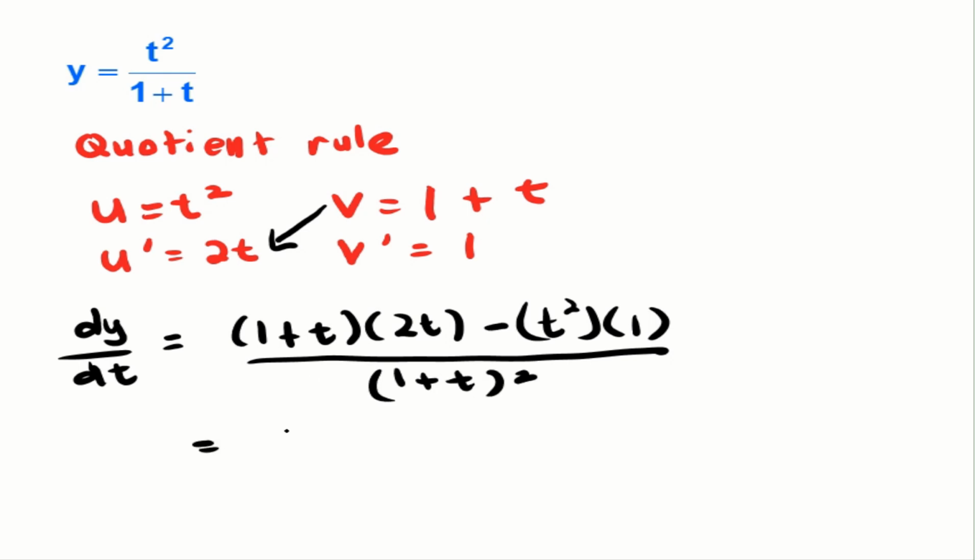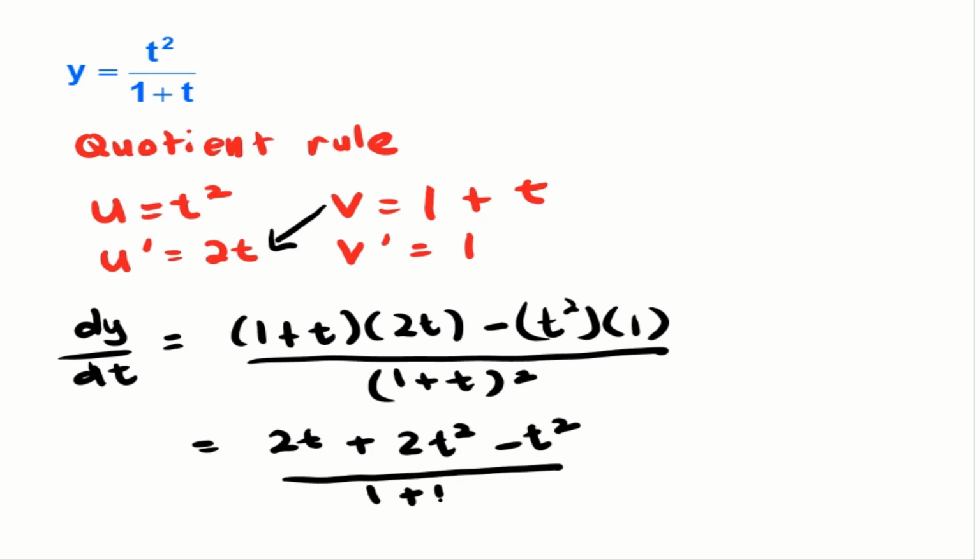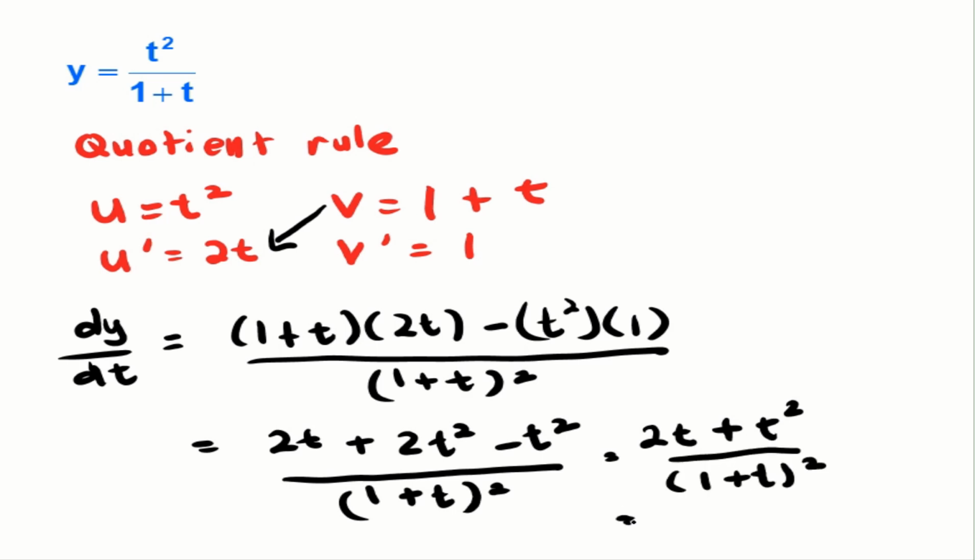Then we simplify, we get 2t plus 2t squared minus t squared over (1 plus t) squared. So then we get 2t plus t squared over (1 plus t) squared. Then we can factor t, we get t(2 plus t) over (1 plus t) squared.